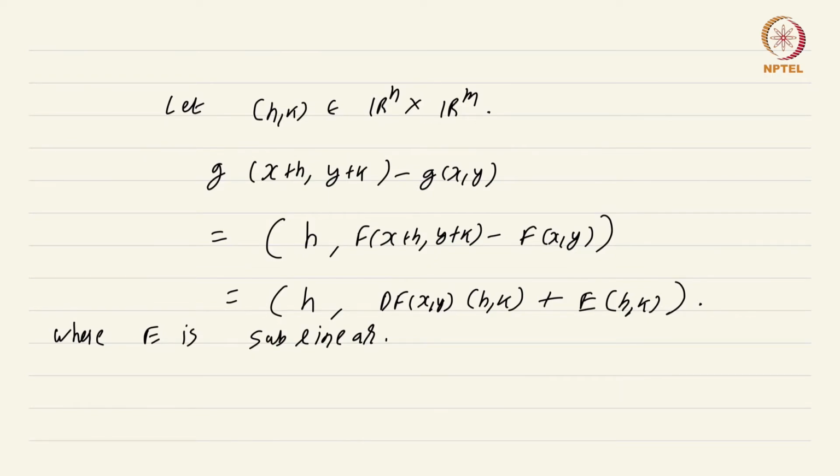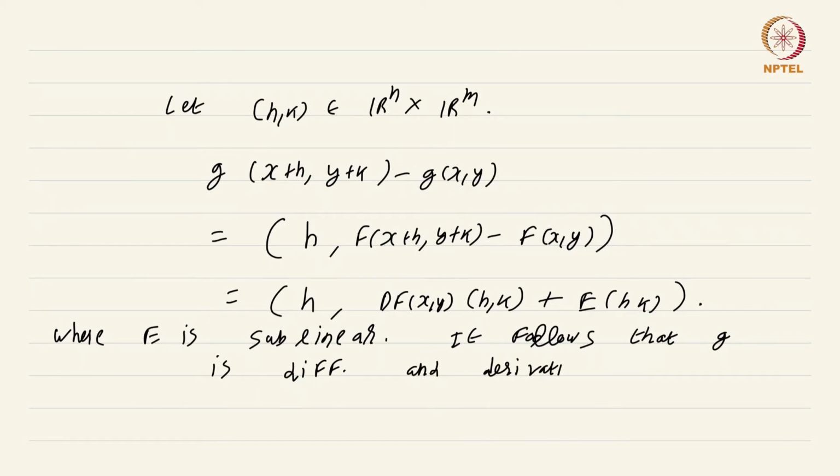Now it follows easily that G is differentiable, and the derivative of G maps hk to h comma dfxy acting on hk.